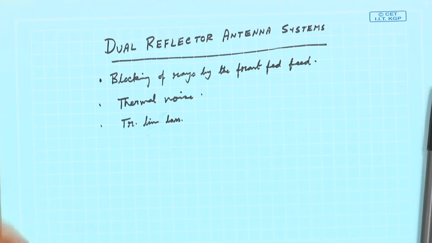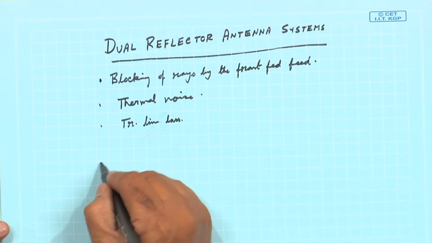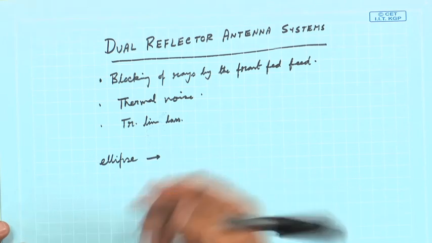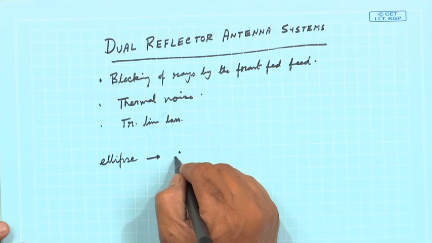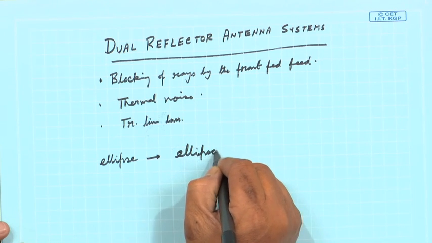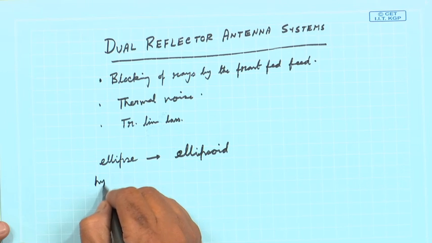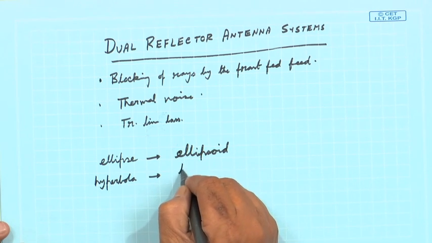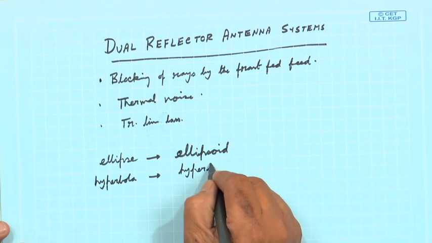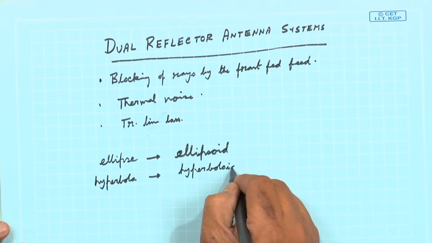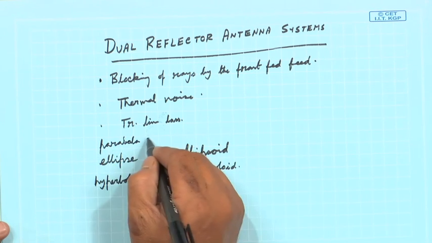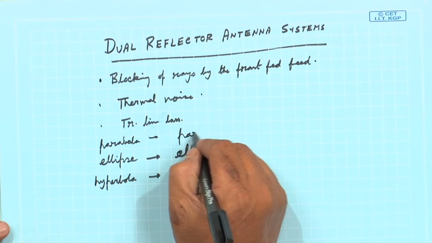So, an ellipse, if it is rotated about its axis, we get an ellipsoid. The ellipse is a two dimensional thing, but if it is rotated we get a section called an ellipsoid. Similarly, a hyperbola, if it is rotated, we get a hyperboloid. Already we have seen the parabola, if it is rotated we get a paraboloid.